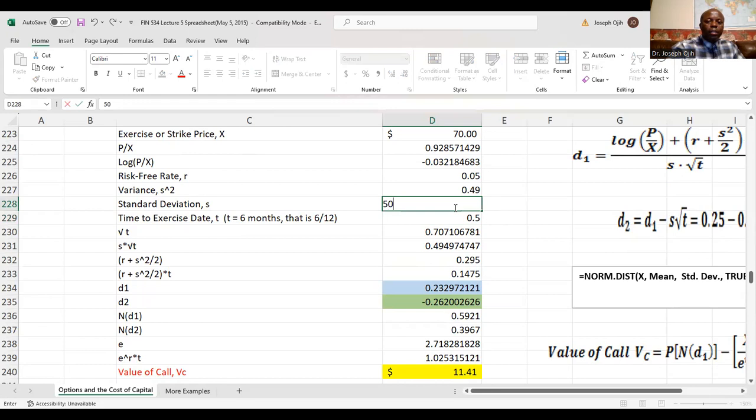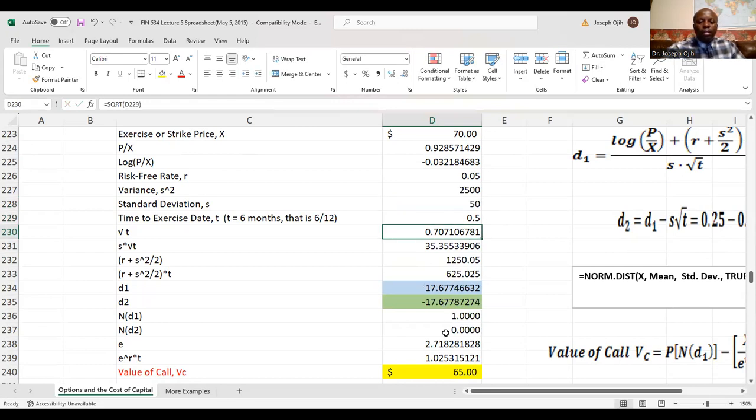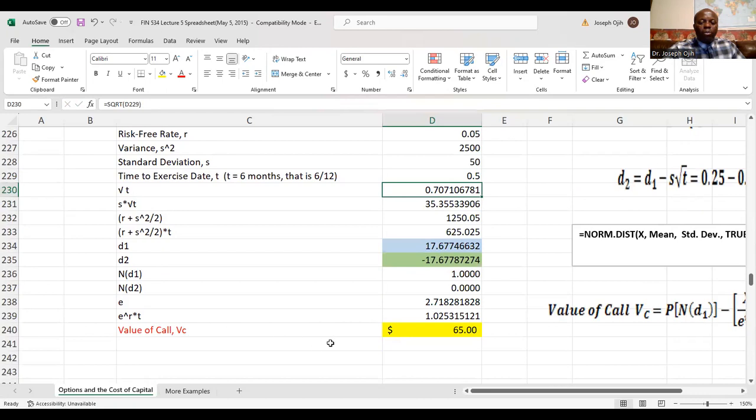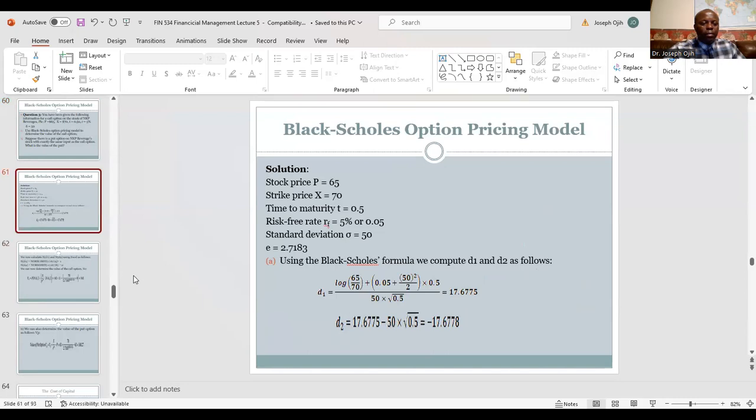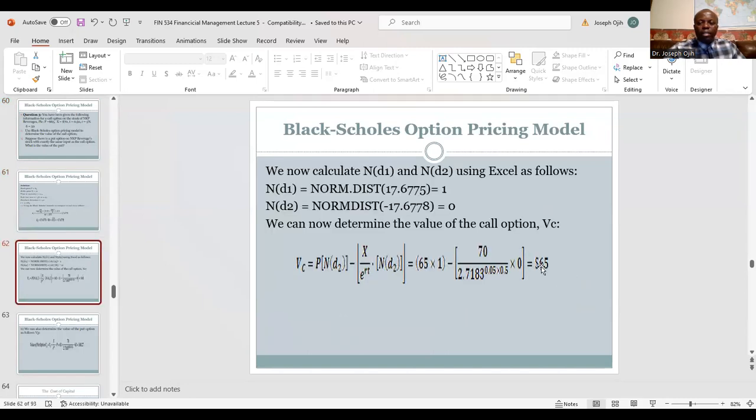You can see it gives us the answer right here, $65. So we have added all the inputs, and that gives us the value of the call option at $65. And you can see this here in our equation, $65. So that is what we got, and that answers part A.